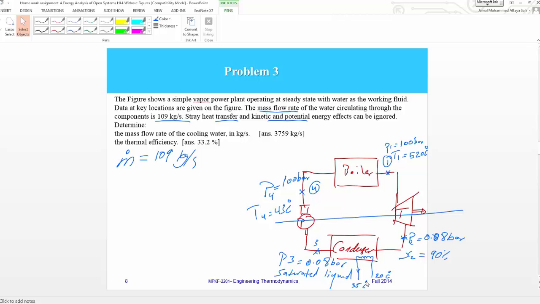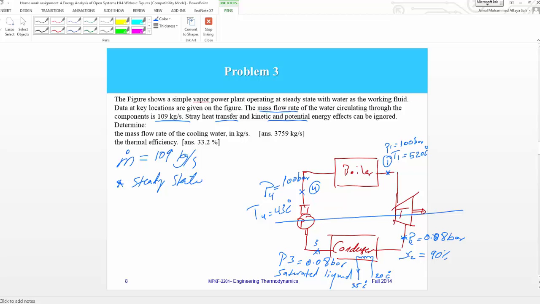So let's start with the assumptions. The assumptions here are that all the components work at steady state, which means the mass flow rate coming in is equal to the mass flow rate coming out.